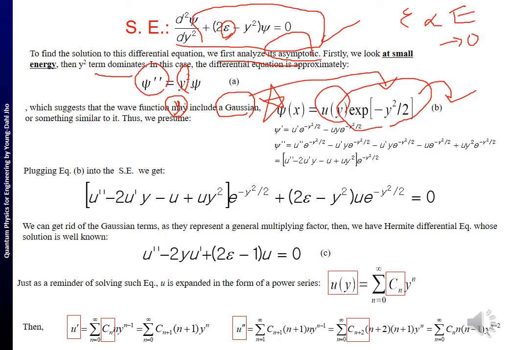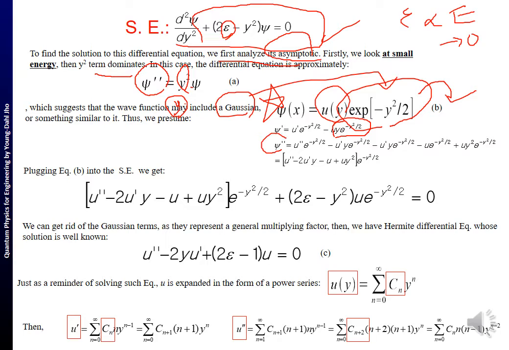Then we take the first derivative: psi prime is u prime e to the minus y squared over 2, then minus u times the derivative of the Gaussian part, y e to the minus y squared over 2.